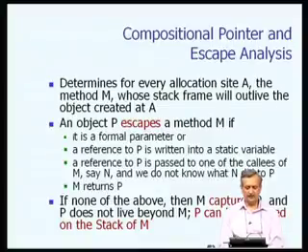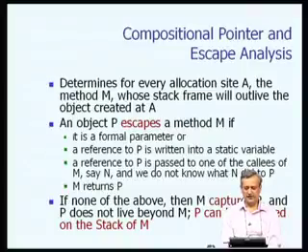So, what we want is to define when an object P escapes a method M. So, when does it escape? It is a formal parameter, so it is passed to some other method. We do not know what happens to it. So, it is going outside. A reference to P is written into a static variable. Again we do not know who reads this static variable and what is done with it.